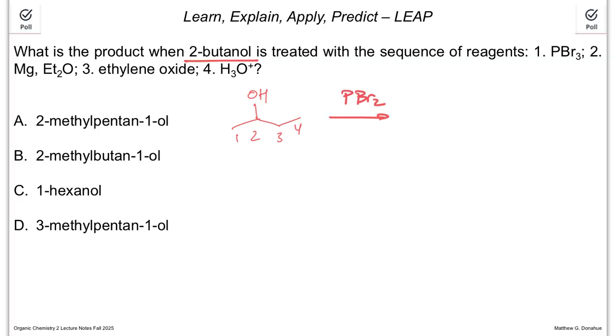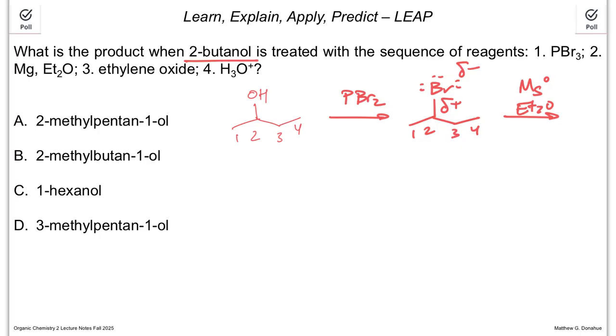Step number 1 is PBr3. That's going to take OH to bromine. So there's the polarity of that bond. Step number 2, we're treating with magnesium and diethyl ether.